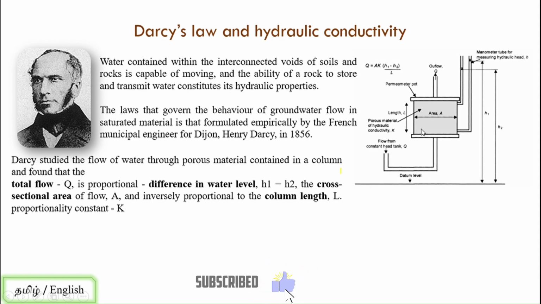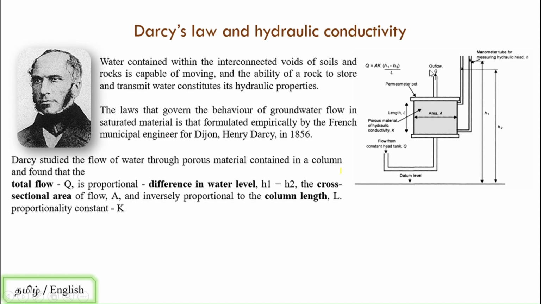So here is the medium where you are going to cross-check the porosity, and here is the cross-sectional area of that medium, and here is the length of that medium. And there are two different tubes to show the difference in head at two different locations. So when you pass the water from here to there, the water will move slowly, it has to move through all the pores and voids in this rock, and come out this way. So this is the total flow, or you can call it Q simply.